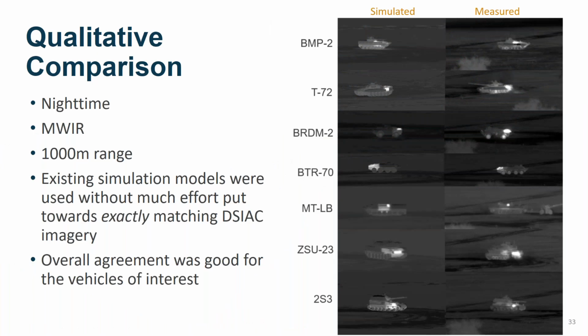This slide shows a qualitative comparison between the MuSES predictions and the actual measured vehicles. In the pictures there, the left-hand column is the MuSES renderings, and the right-hand column is the measured data for each. So this is for each of the 7 vehicles. These are all nighttime predictions, mid-wave infrared waveband, 1,000 meters from the sensor to the target.